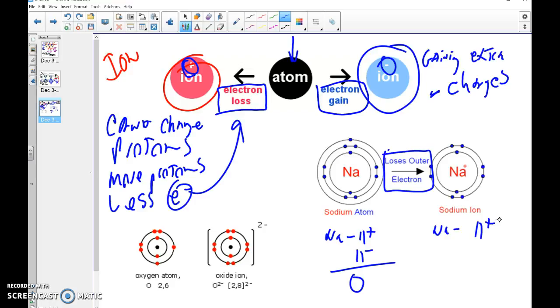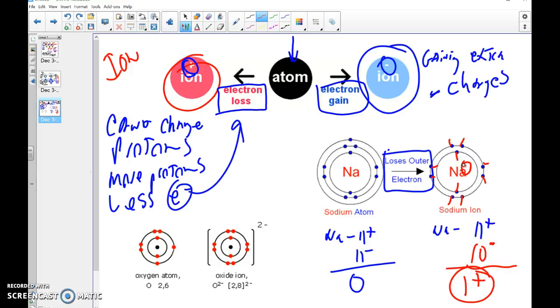The number of protons cannot change. But since it lost an outer electron, it now only has 1, 2, 3, 4, 5, 6, 7, 8, 9, 10. So now it has 10 negative charges. Overall, that means I have 1 extra positive charge. And that's why sodium here is a positive ion.